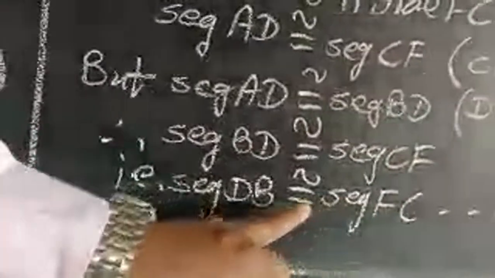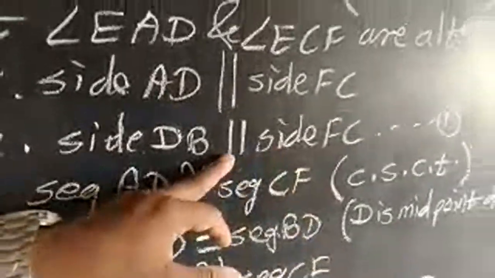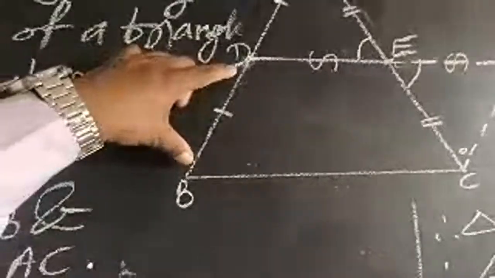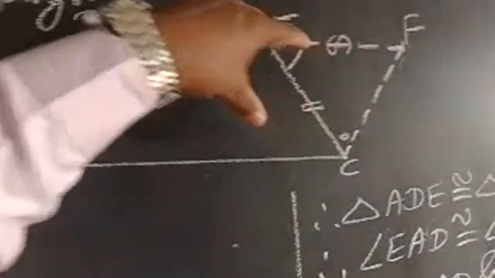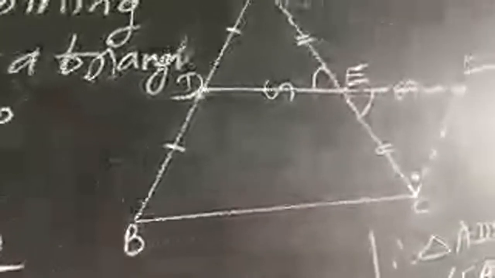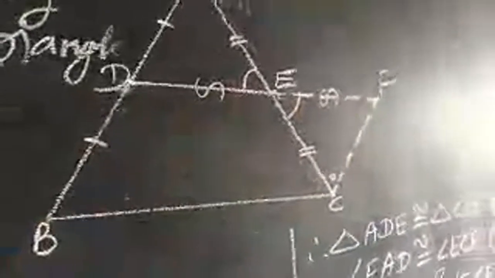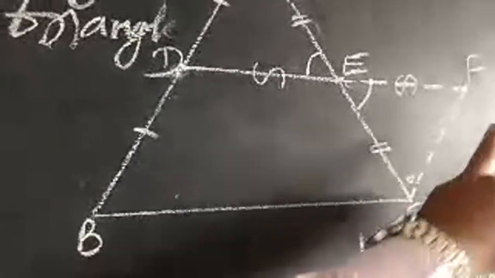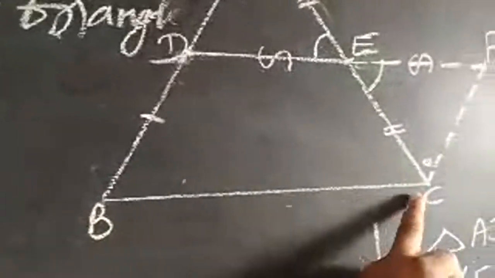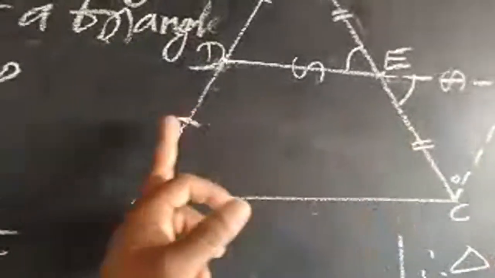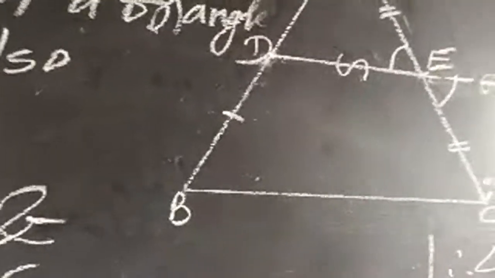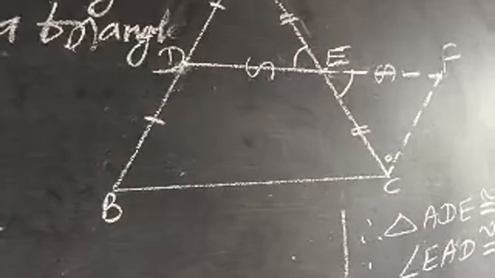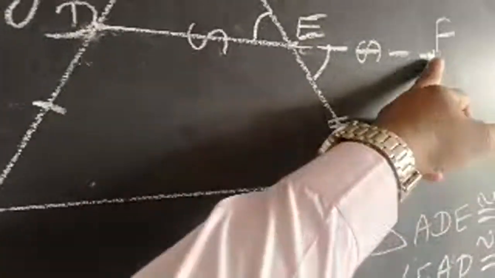So DB and FC are congruent and parallel. In the figure, these are opposite sides of which quadrilateral? Quadrilateral BCFD, its opposite sides are congruent and parallel. Therefore, what conclusion do we write? This quadrilateral is a parallelogram.